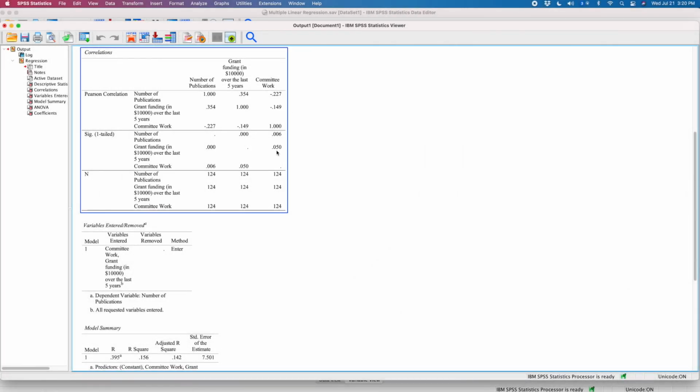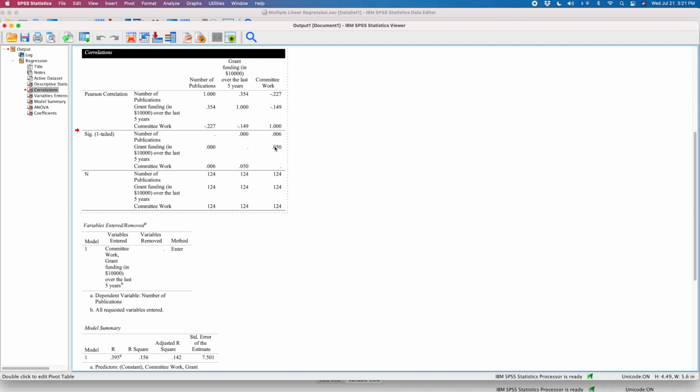So there's definitely some kind of relationship between my two independent variables. But when I click on this number, I can see that, oh, it's smaller than 0.05, so it is significant. See, that's good to look at.